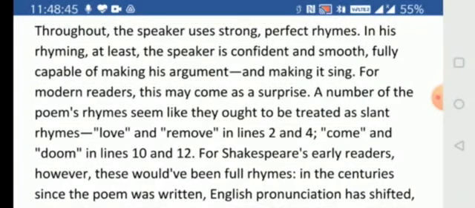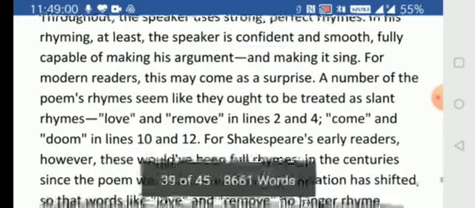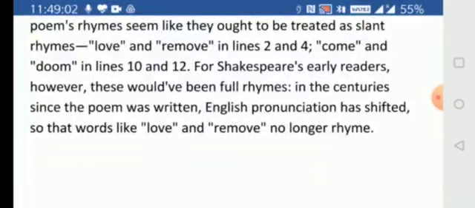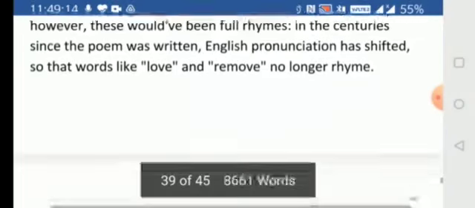A number of the poem's rhymes seem like they ought to be treated as slant rhymes, that is, "love" and "remove" in lines 2 and 4, "come" and "doom" in lines 10 and 12. For Shakespeare's early readers, however, these would have been full rhymes. In the centuries since the poem was written, English pronunciation has shifted so that words like "love" and "remove" no longer rhyme.